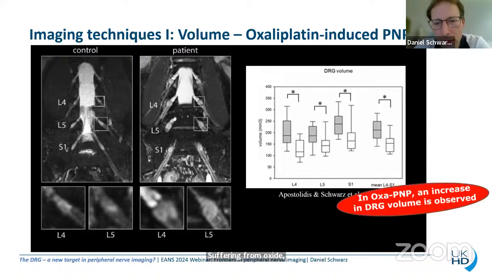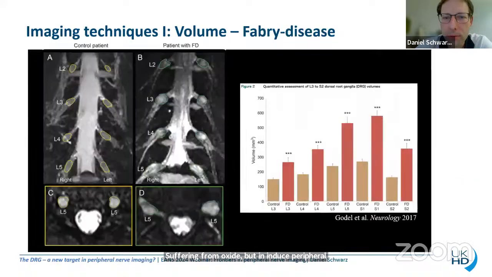But of course, there are also other polyneuropathies which are linked to painful phenotypes. One of the most maybe eminent other genetic disease is the Fabry disease, which has also been studied more or less extensively with regard to the dorsal root ganglia.